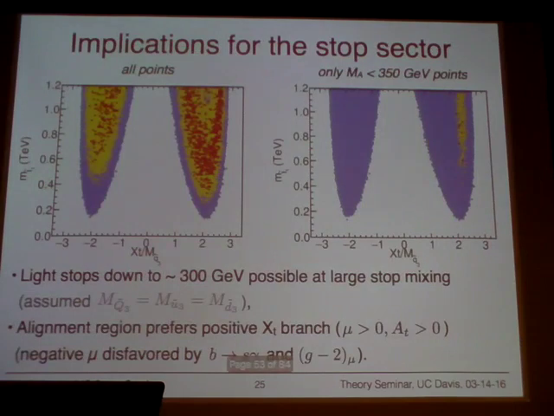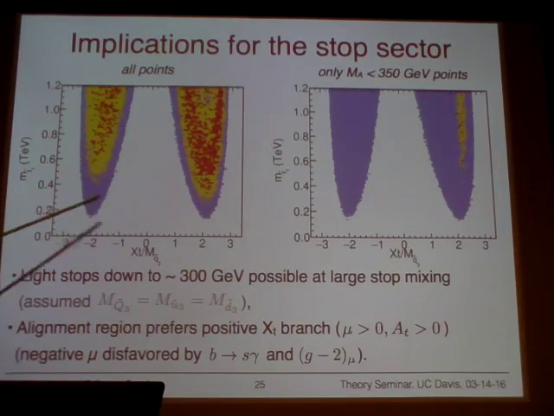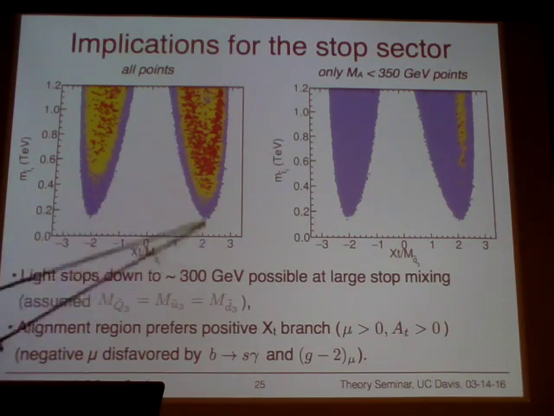All right, so what does this also imply for the stop sector? If we look at this plane for the stop mixing parameter versus the light stop mass, we see that the 2 sigma points we still find at around 300 GeV stop masses if we really go to this maximal stop mixing case.